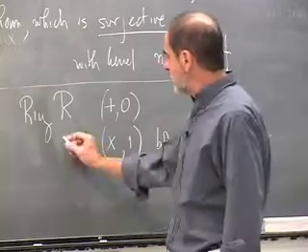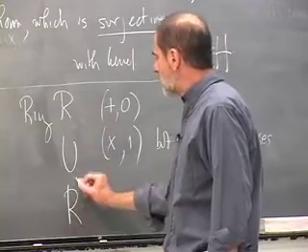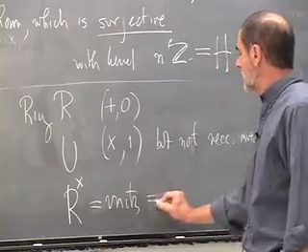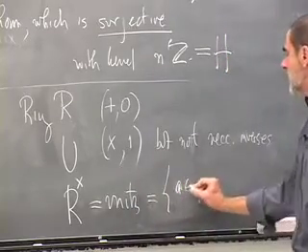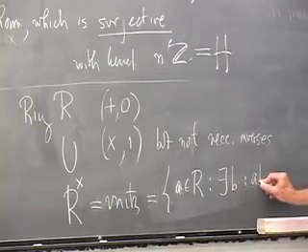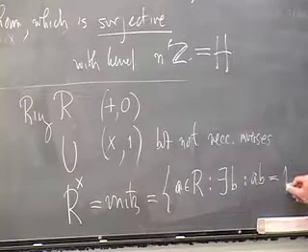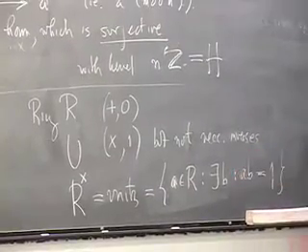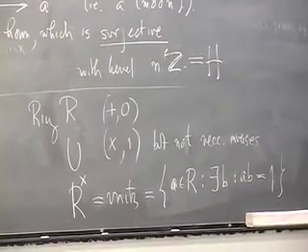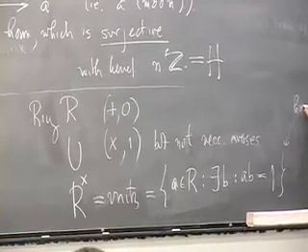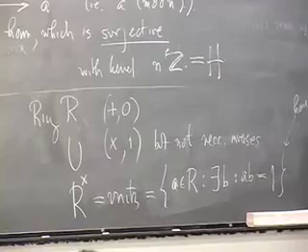Nonetheless, you get a subset of the ring called R star, which is sometimes called the units of the ring, which is the set of elements A in R such that there exists a B such that AB is equal to 1. So they're the elements which have multiplicative inverses. Everything has an additive inverse.